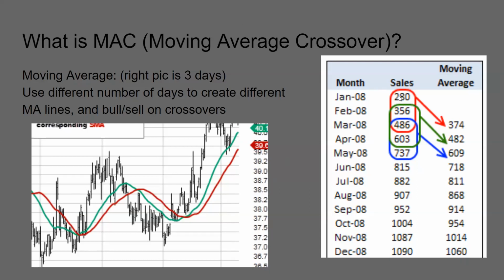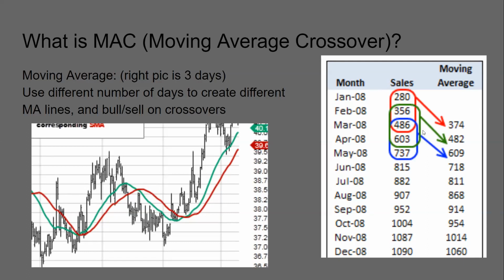You take 280, 356, and 486, add them all together, and you get 374, because it's just the 3 day. So this would be a 3 day moving average because it takes the past 3 days of data, averages it, and puts the average over here.